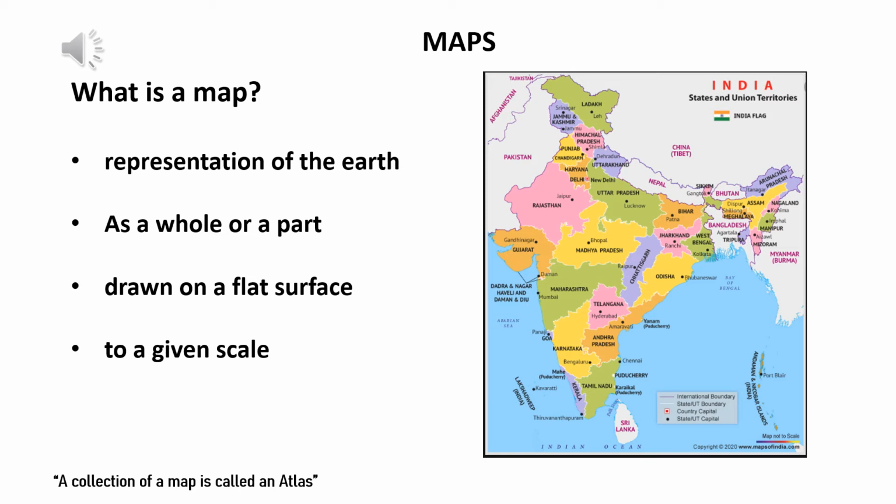Now, in order to draw the exact shape and size of India on a paper, we need a tool called scale to draw its small size. Can you find out what is the study and drawing of maps called? And what are the people who draw maps called?